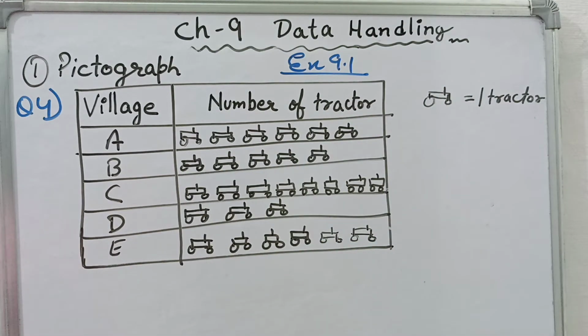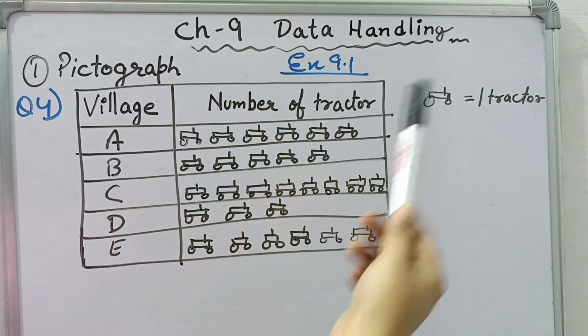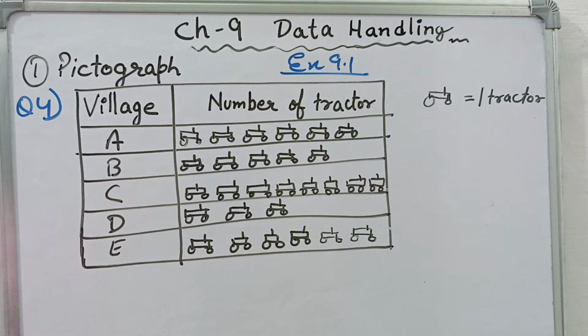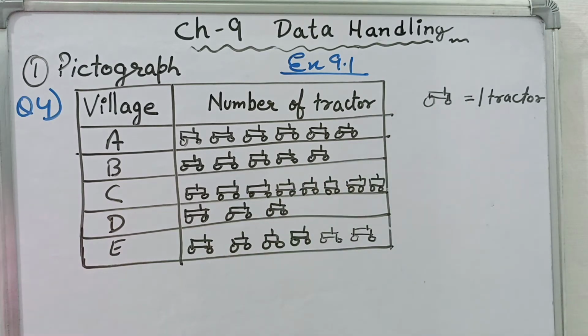According to our data, we can change our scale. If we have a large amount of data, one picture can represent 2 tractors, 3 tractors or 4 tractors, according to the amount of data. Here this one picture is representing only one tractor.